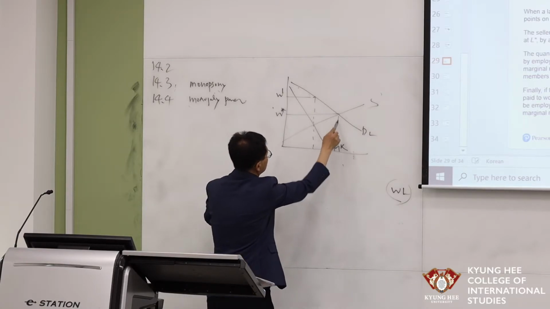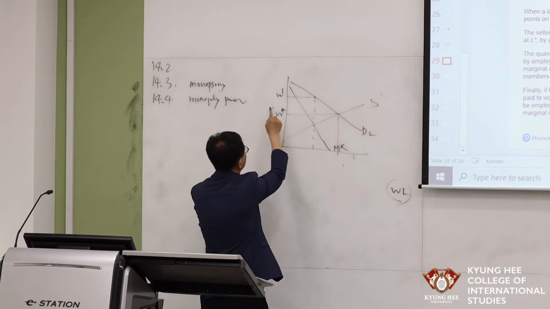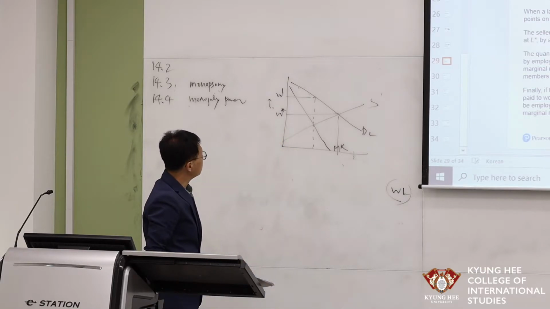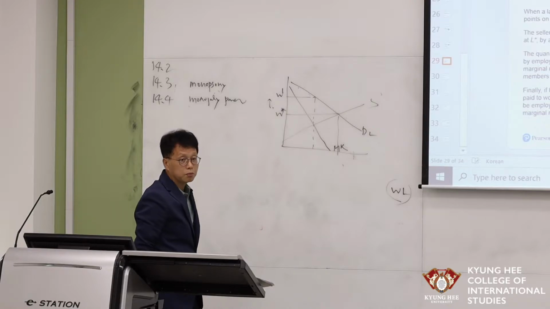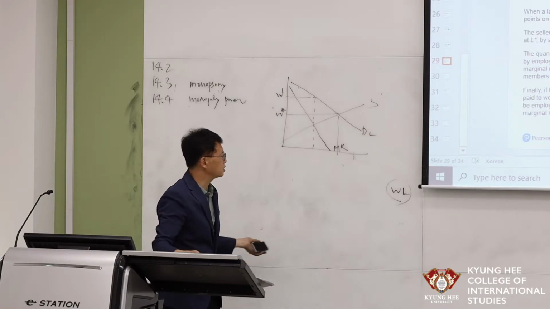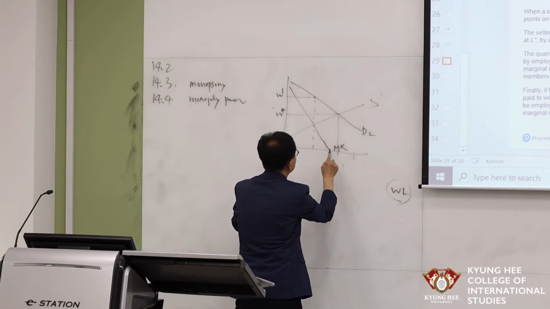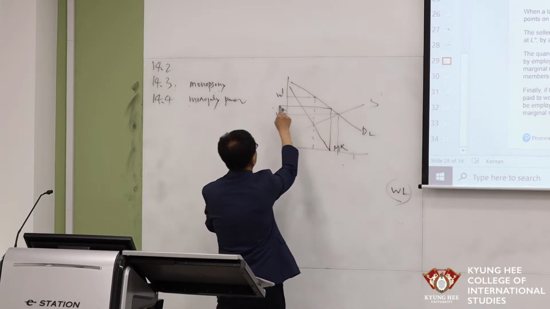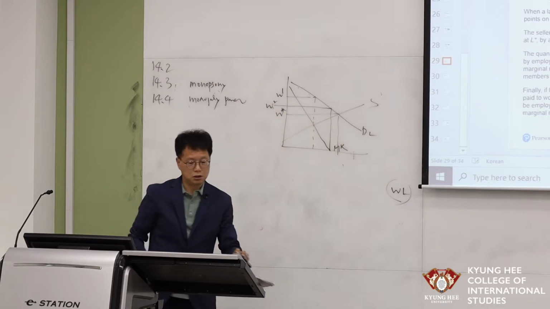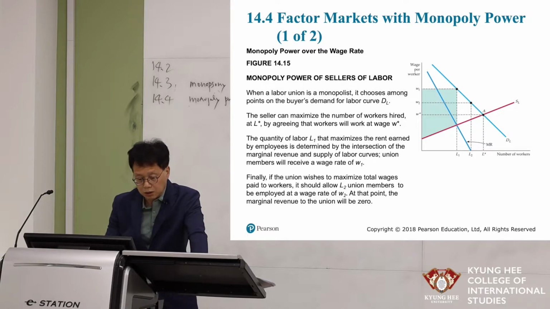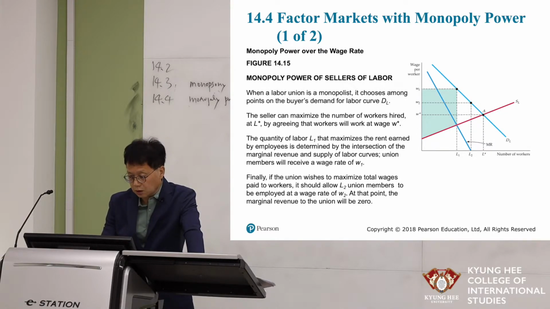Then labor employment decreases and the wage rate increases. If the purpose of the union is maximizing WL, then marginal revenue is equal to 0. So that is W2. That is the graph of our textbook. Next slide.